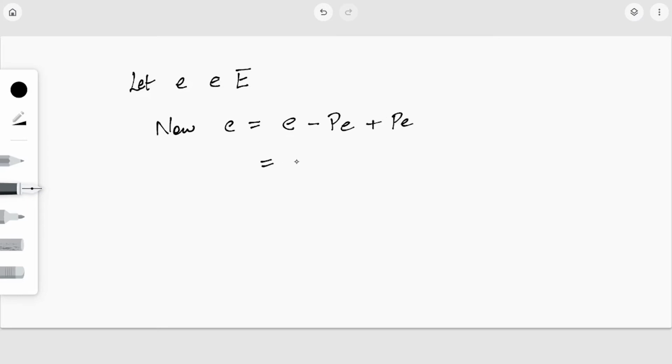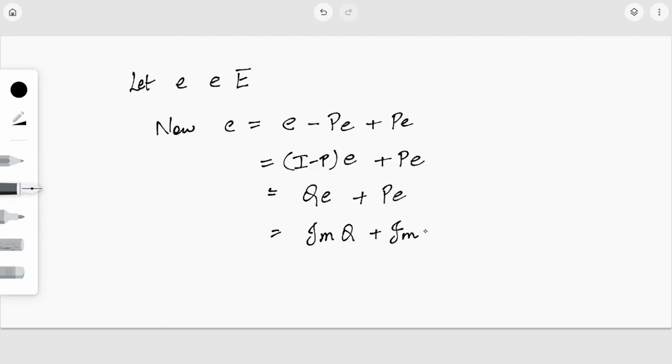So this is nothing but I minus P of E plus P of E. I minus P was nothing but Q, right? Q of E plus P of E. So this is image of Q plus image of P. This is an element.